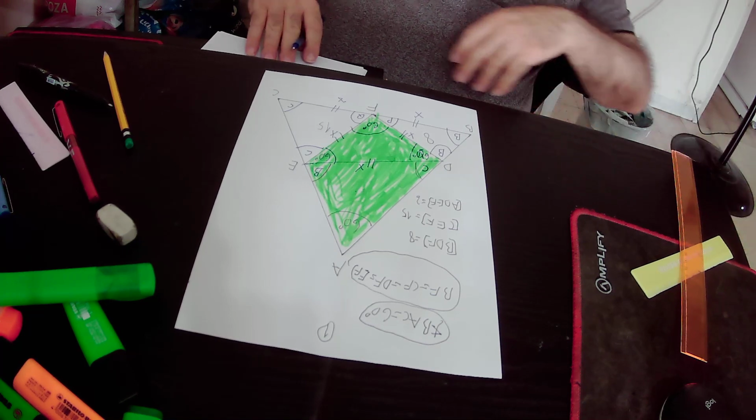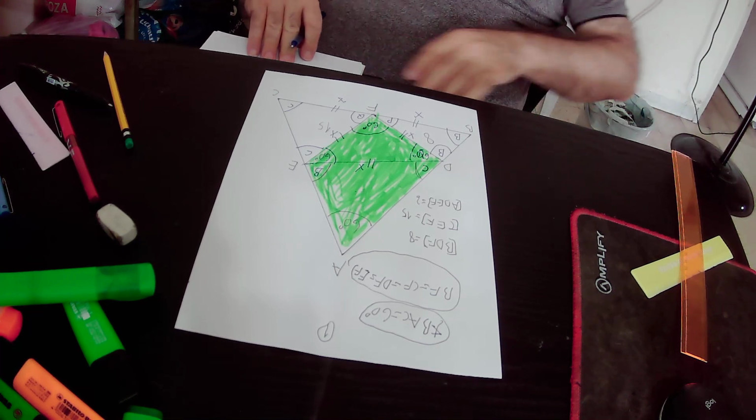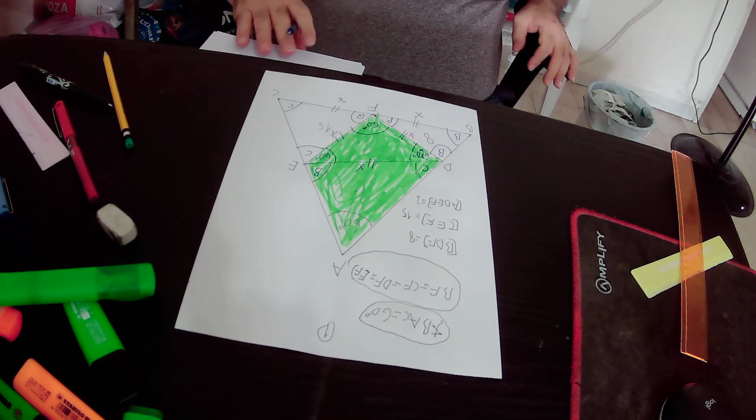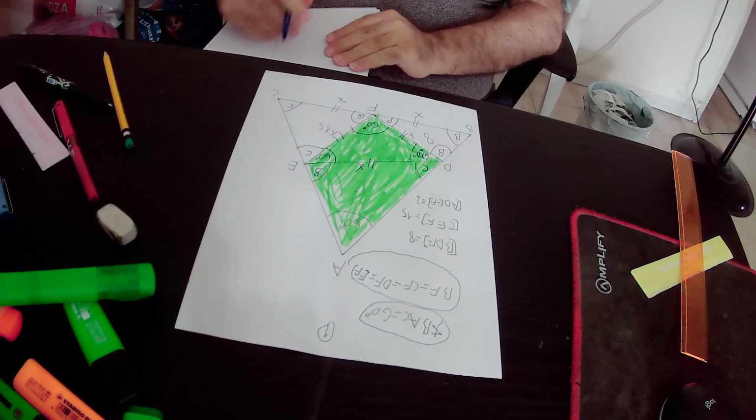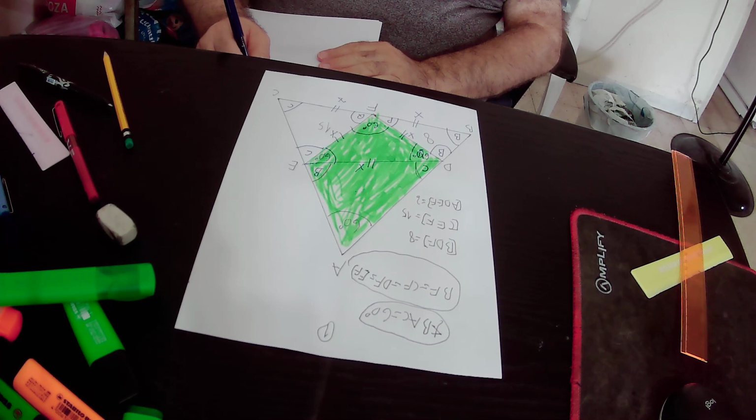So we have rule number 4 that relates to similar triangles.